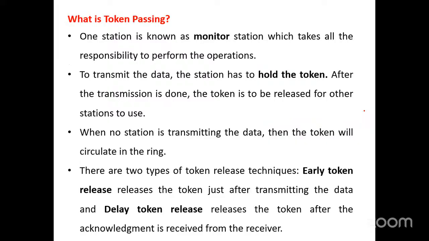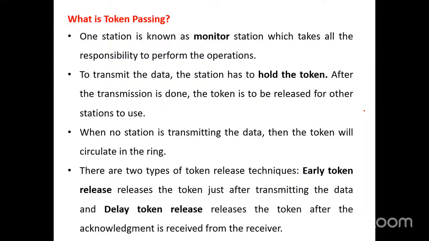Then what is token passing? The access method in token ring is token passing. One station is known as the monitor station in the token passing method, which takes all the responsibilities to perform the operations. To transmit the data, the station has to hold the token.